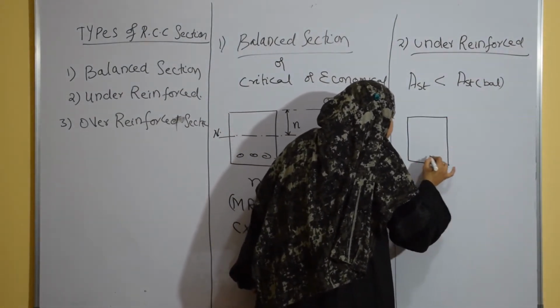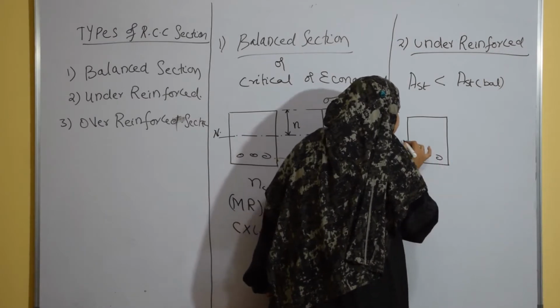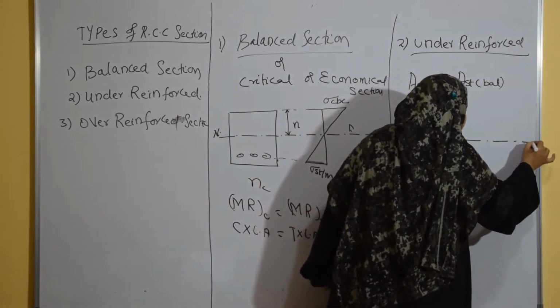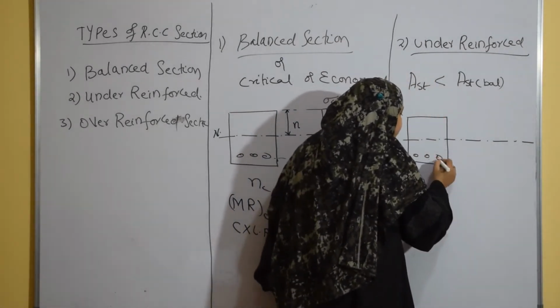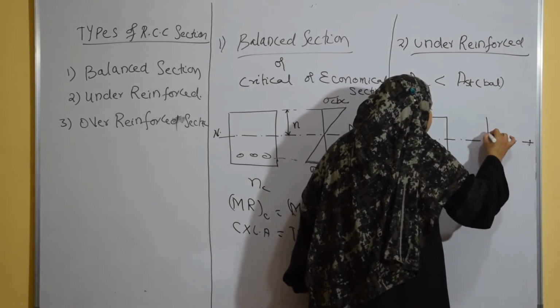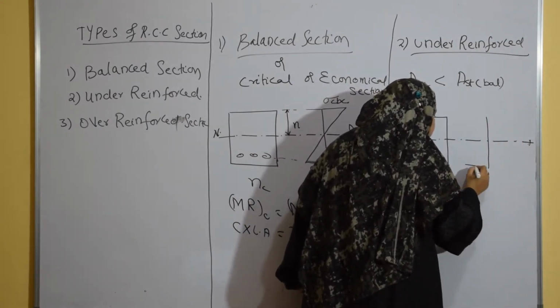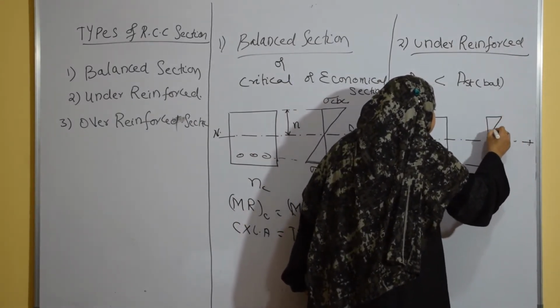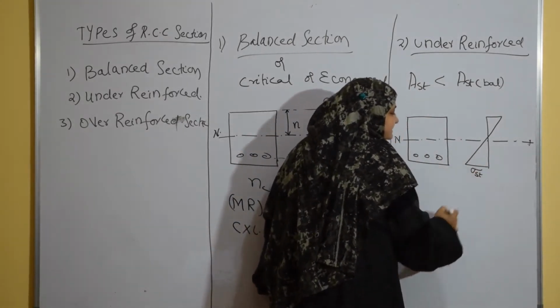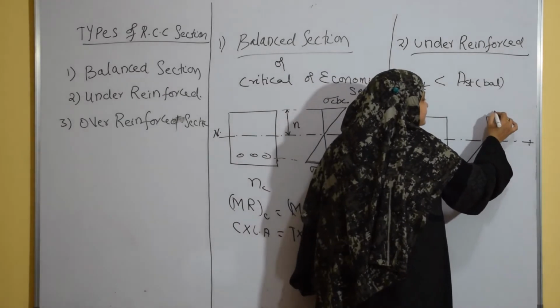Once again I am drawing a small figure to show you an under reinforced section. So this is, suppose, a balanced section. For example, this is the critical neutral axis. Right, now I am going to show you the stress. The stress in steel will be reaching its maximum permissible, whereas this is not maximum.